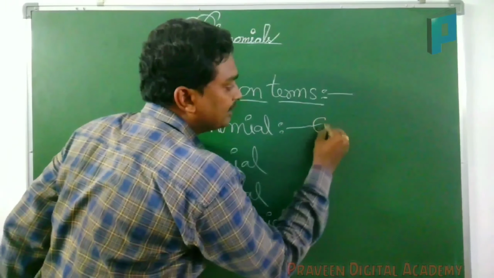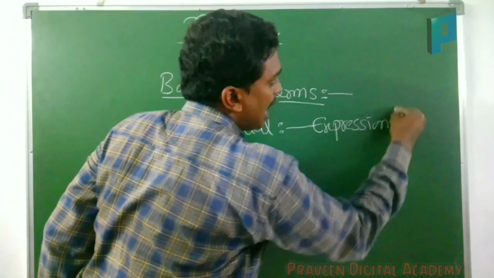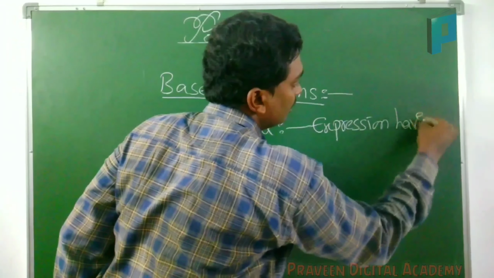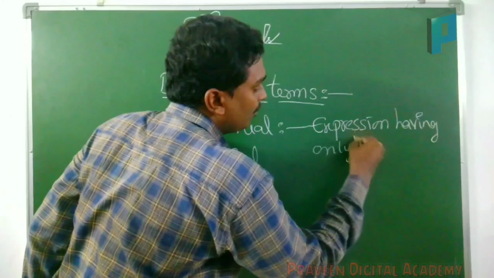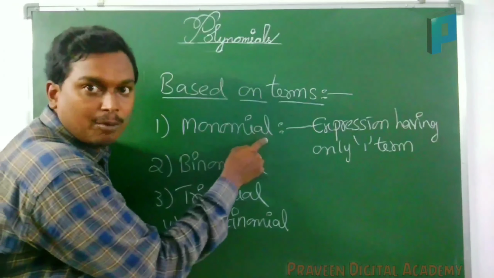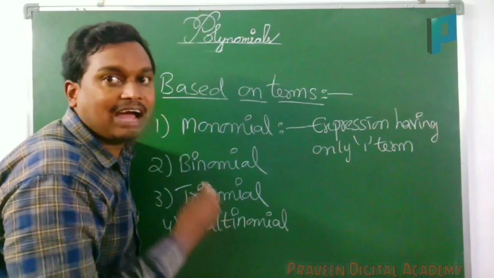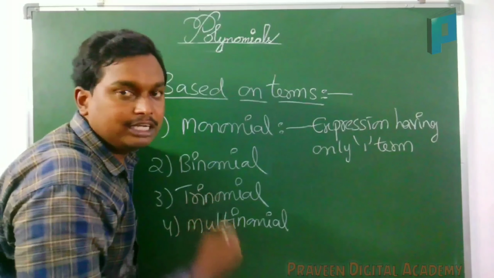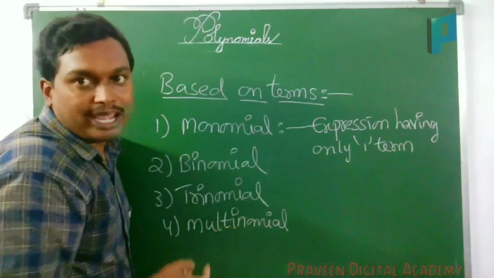Multinomial. An expression having only one term is called a monomial. I can give you an example.